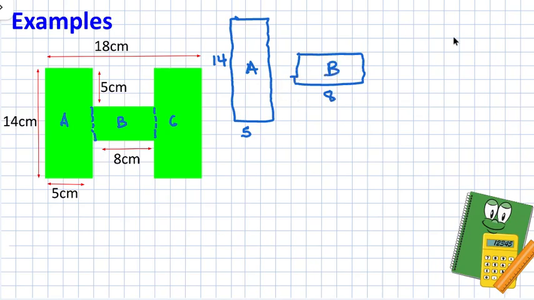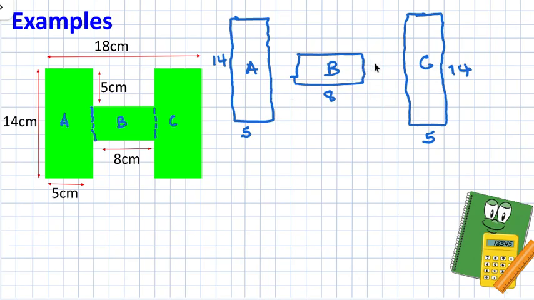Okay, for shape C, okay, so shape A and C are actually of the same size. So this side will be 5 and this side will be 14.